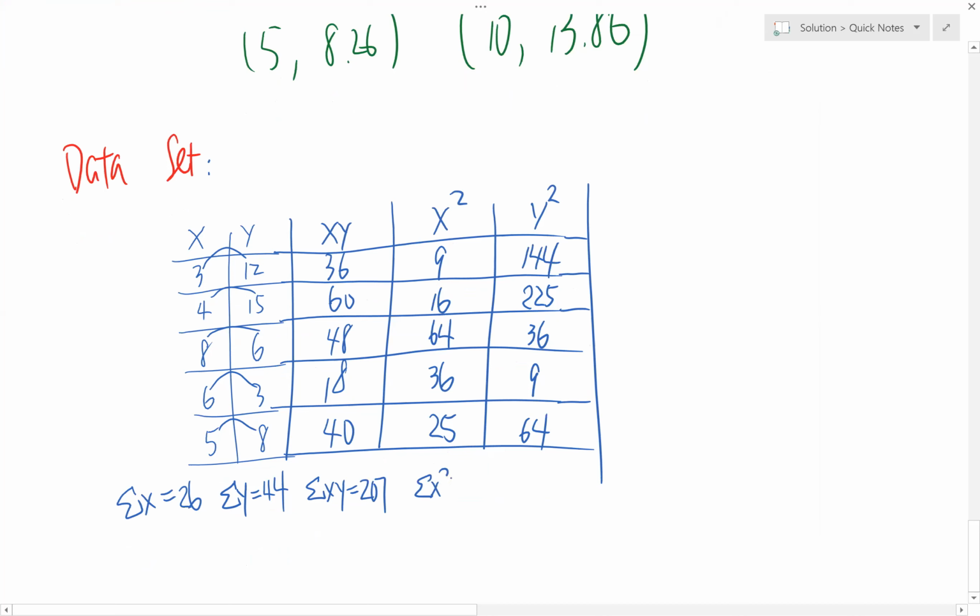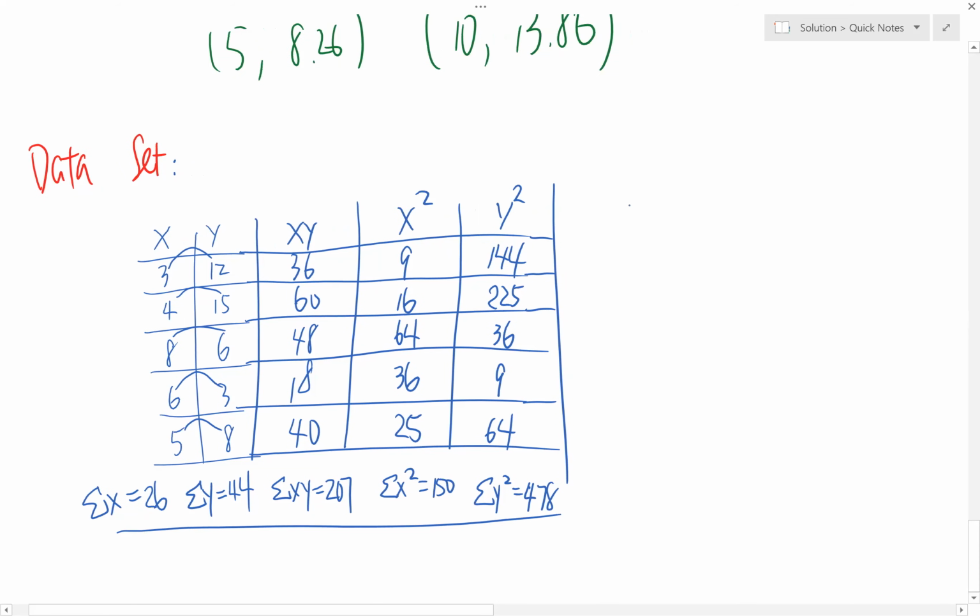Total of x squared, let's see, 150, and total of y squared, 478. Yep, 478. Right now, once we have all the numbers, let's get to the first one.